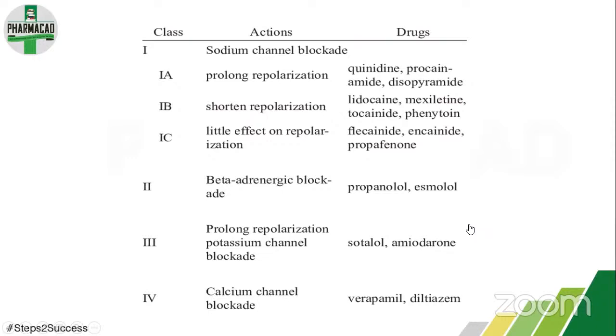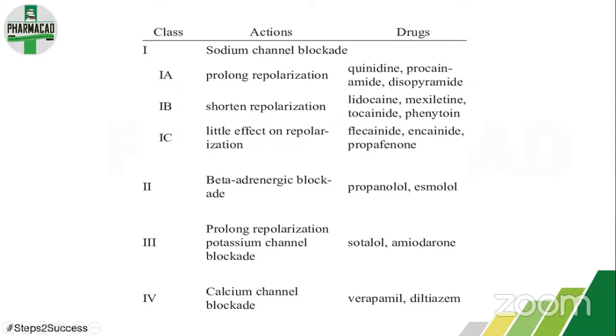Okay, so let us have a look. Class 1 of antiarrhythmic drugs belongs to sodium channel blockers. The action of 1A is to prolong the repolarization phase, and the drugs that belong to this class are quinidine, procainamide, and disopyramide. Class 1B produces short repolarization, and the drugs here are lidocaine, mexiletine, procainamide, and phenytoin.